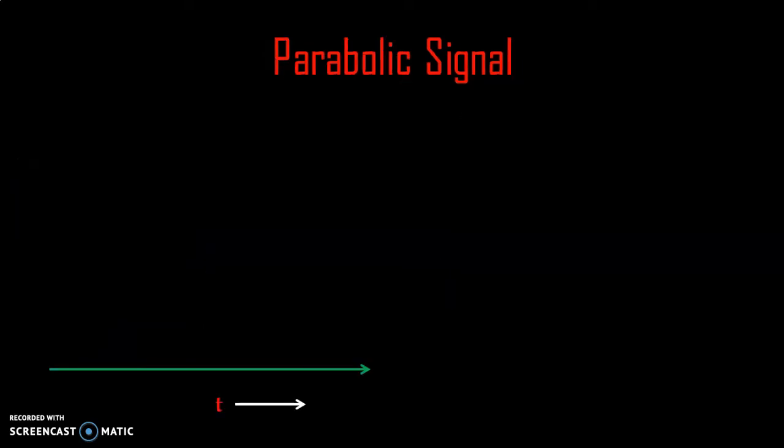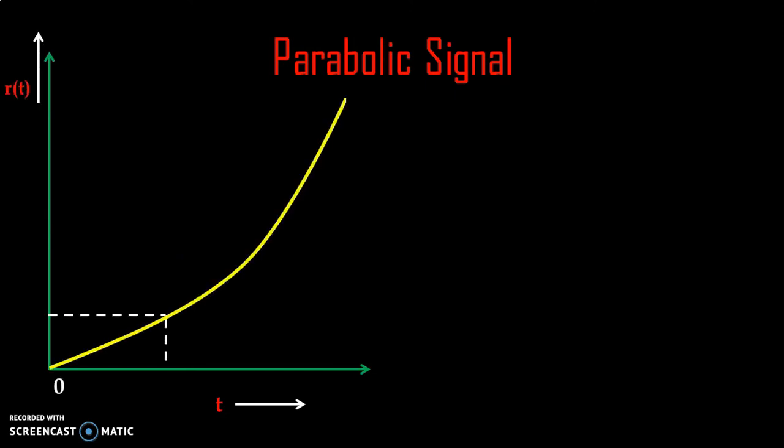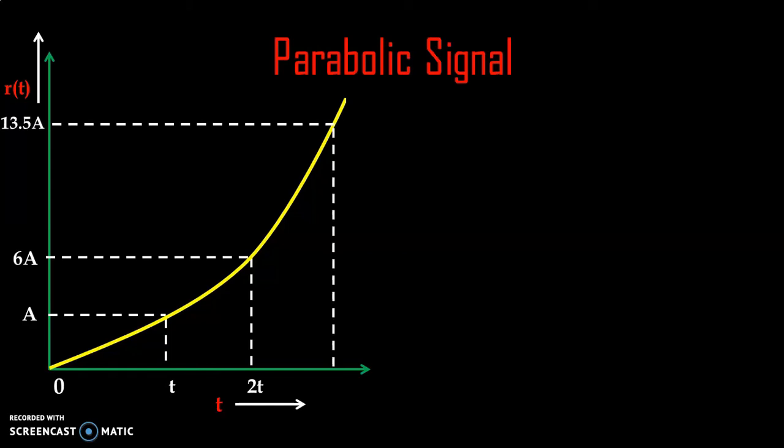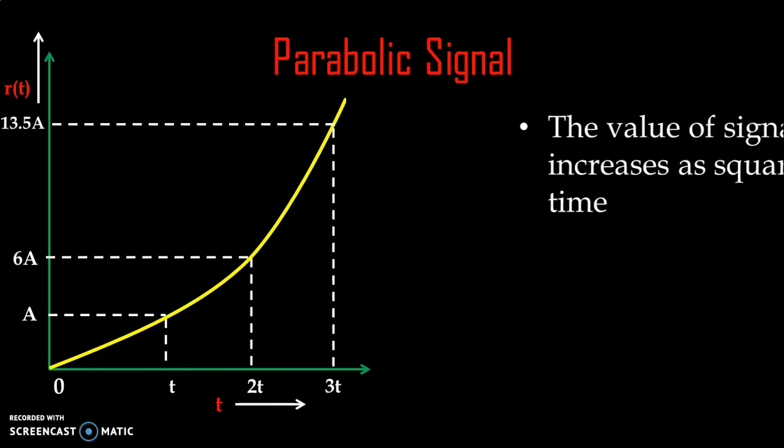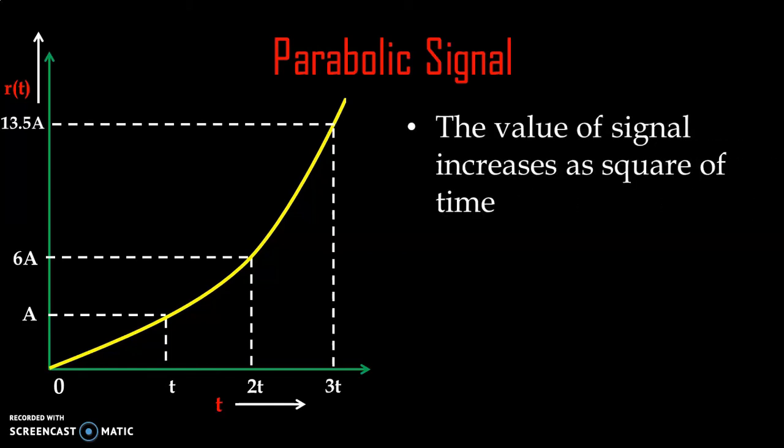Parabolic signal. The magnitude increases as a square of the time. The value of signal increases as a square of time. For example, R of t is equal to A t square by 2 for t greater than 0.